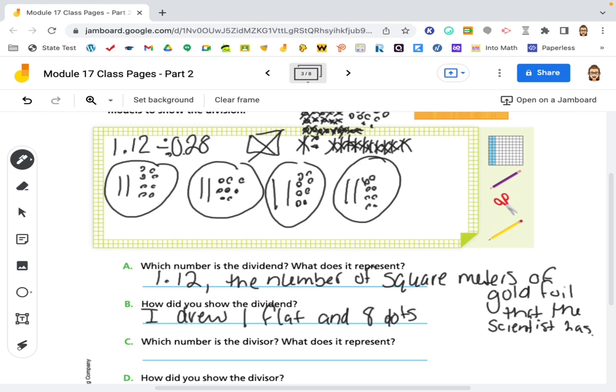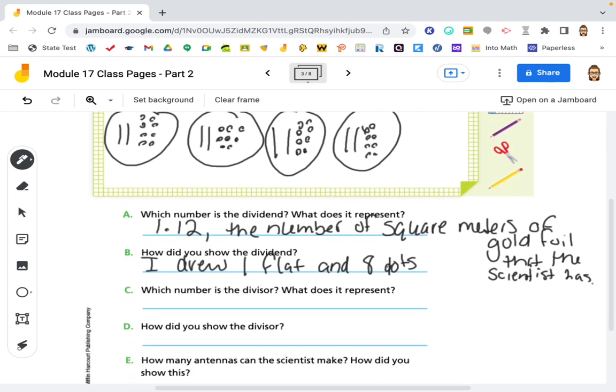Which number is the divisor? What does it represent? The 2800ths.